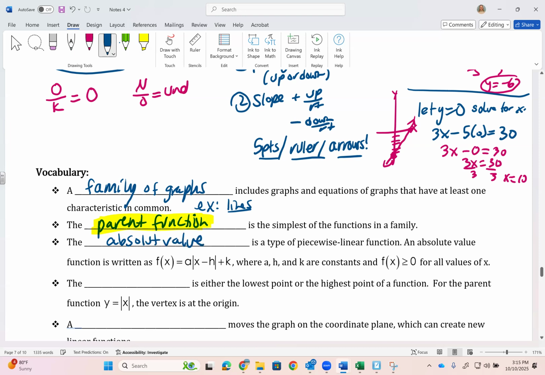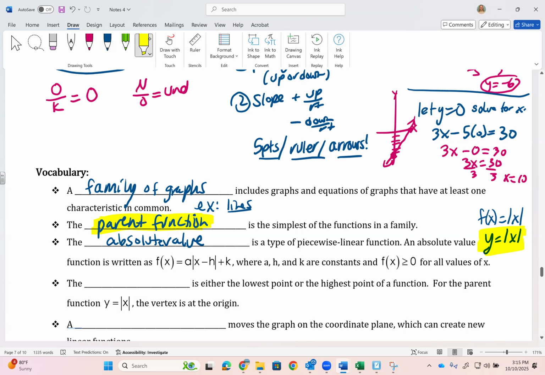The absolute value function is written like this. It looks like y equals the absolute value of x. That's the parent function right there. Could you be fancier and write f of x is equal to the absolute value of x? Yes. But y equals absolute value of x is the parent of this function.